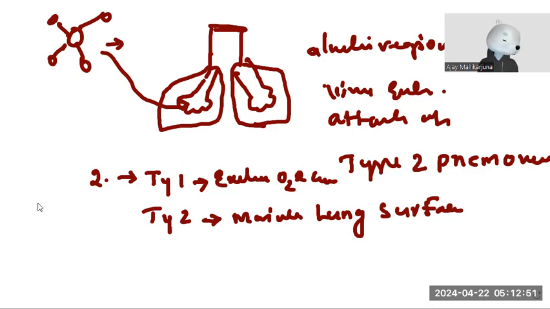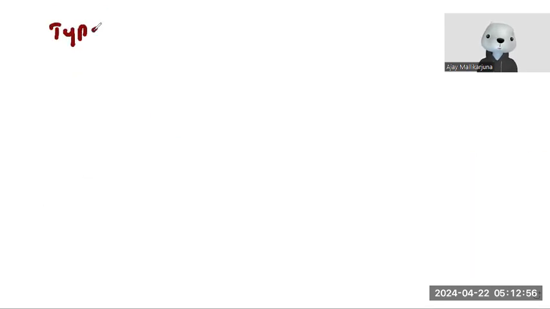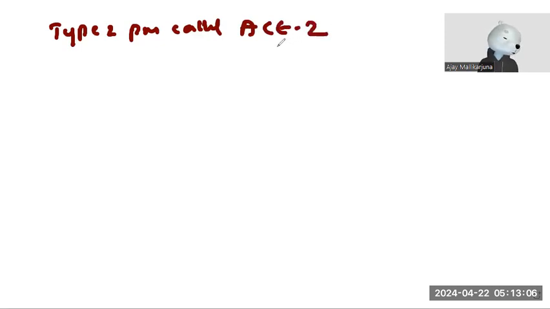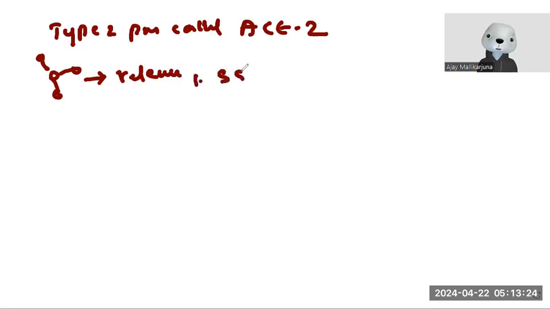These type 2 pneumocytes in the alveoli are also called ACE2, angiotensin converting enzyme 2. So this virus enters into the alveoli region, attacks the type 2 pneumocytes, and they release two types of enzymes. First is single stranded RNA.